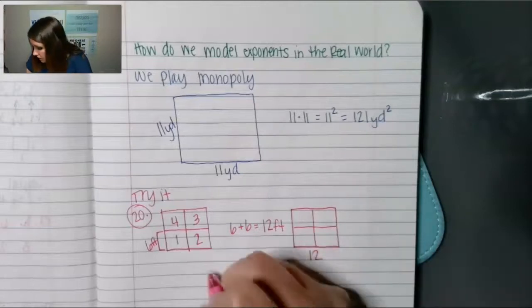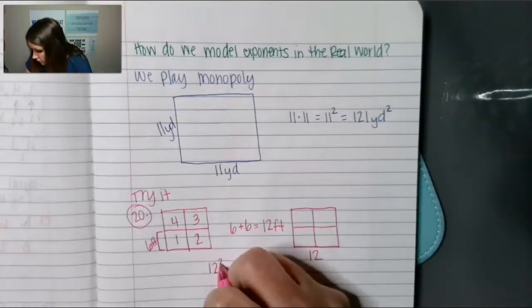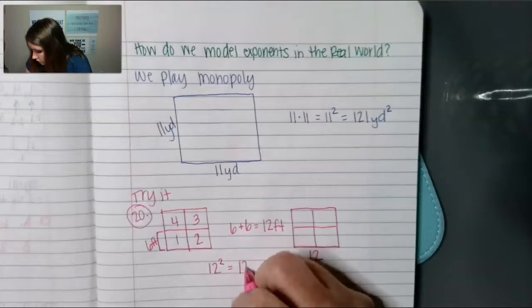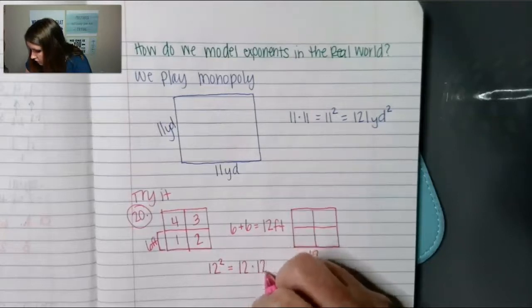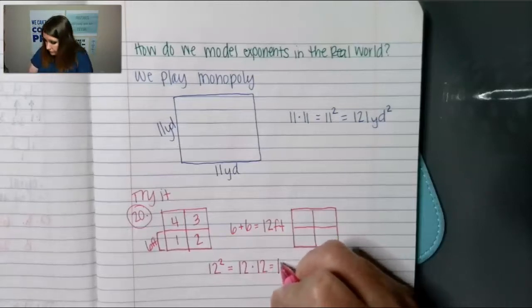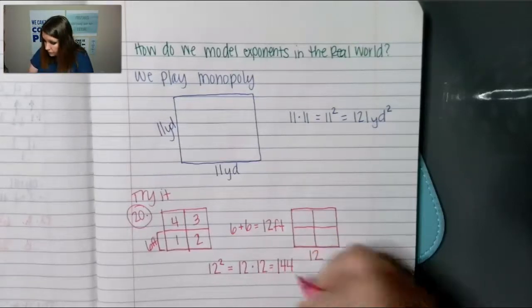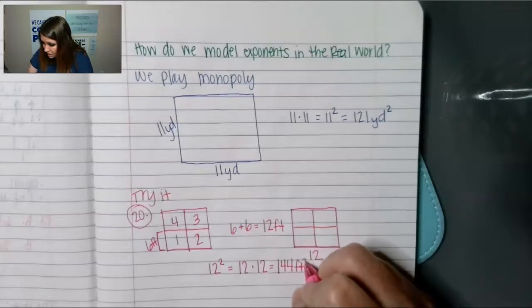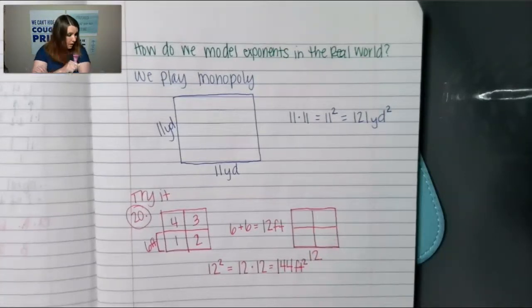So this is 12 squared, which equals 12 times 12, which equals 144 feet squared. Okay, check your work. How did you do?